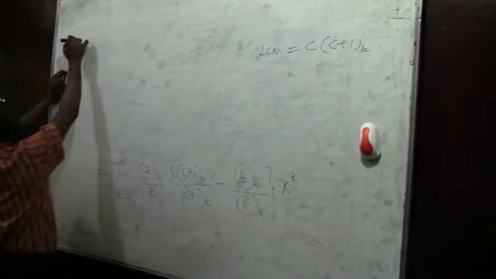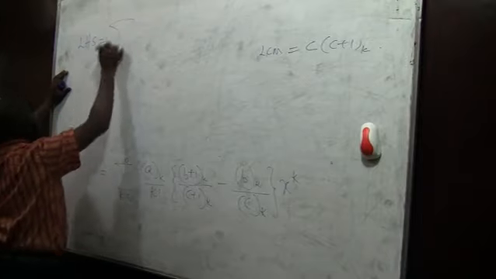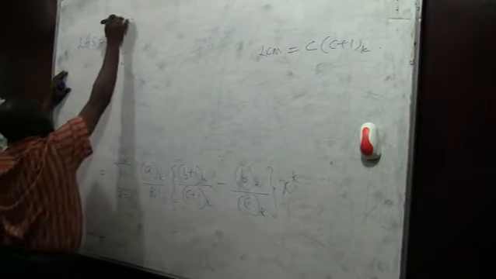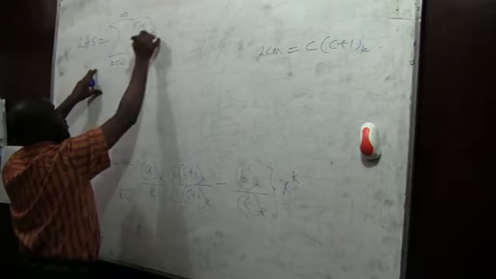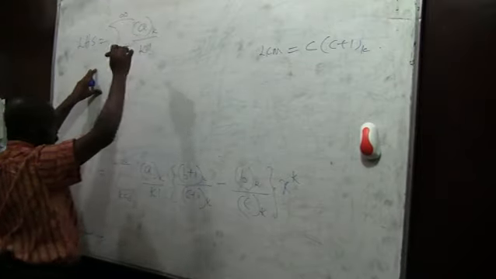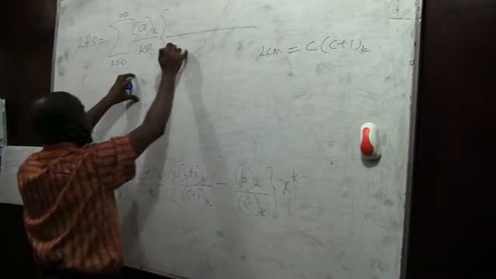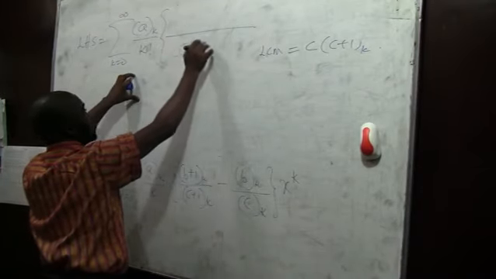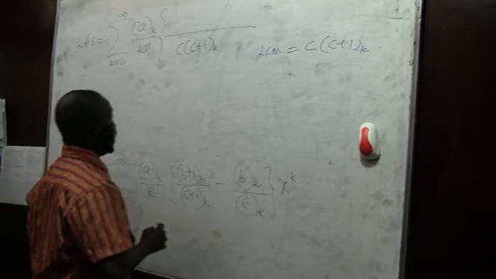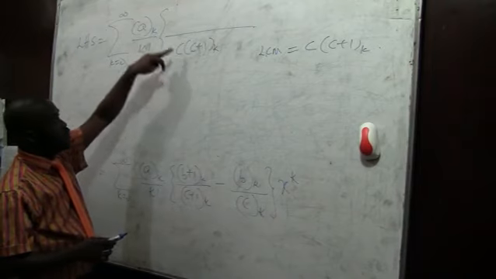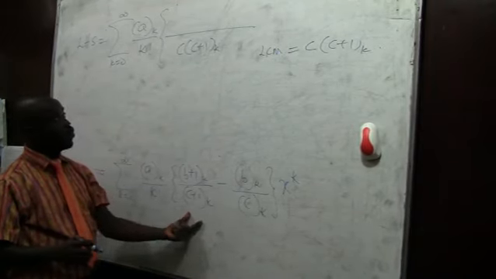left hand side becomes summation k from 0 to infinity a sub k divided by k factorial into our LCM is c into c plus 1 sub k. Now, c into c plus 1 sub k divided by c plus 1 sub k will give us c.